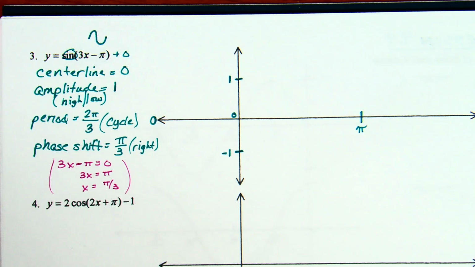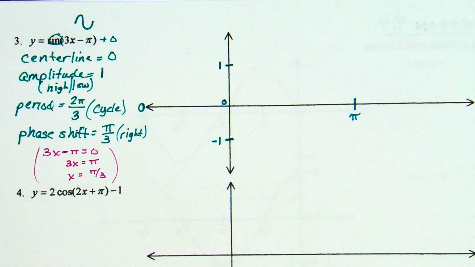You could put pi all the way out by the right arrow. As long as it is labeled, it works. Okay, so there's pi. Now, normally I would break this into fourths, break it in half, then break those halves. But we need to start by having our appropriate labels of thirds.